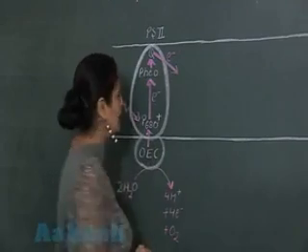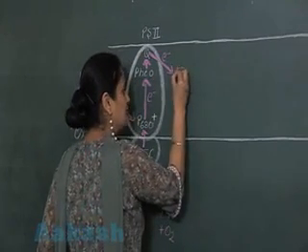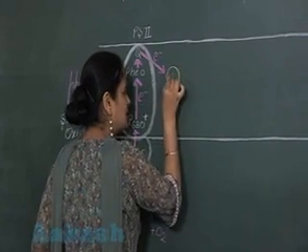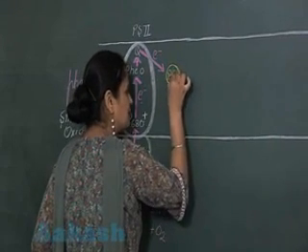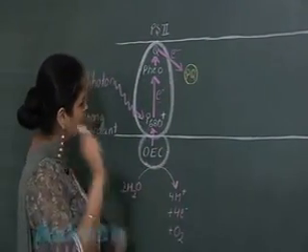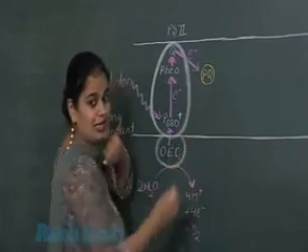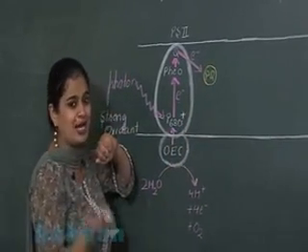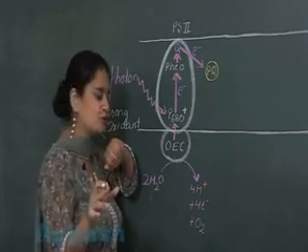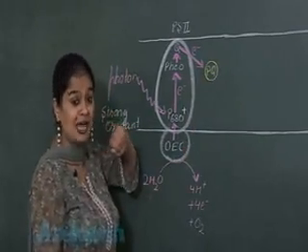This mobile carrier involved in the transfer of electrons is plastoquinone, which I am writing in abbreviated form as PQ. A very important point to note down: plastoquinone is an electron as well as hydrogen carrier.